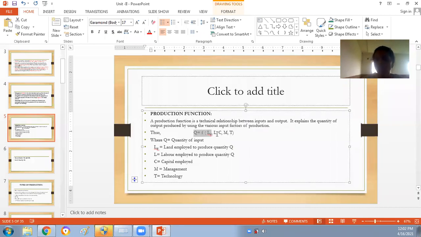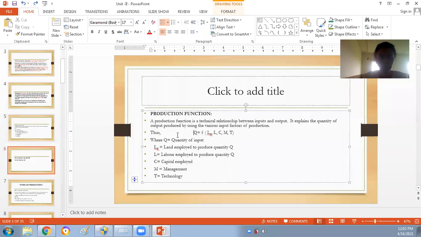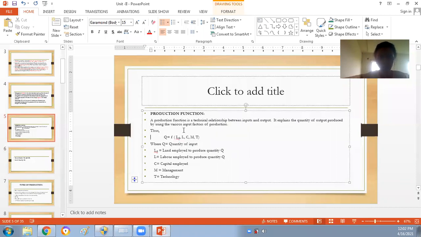For understanding, we can also write it in another way: Q equals a functional relationship of production determinants, as we said in the demand function. Now, a question arises: what are the production determinants, or the factors of production? That is land, labor, capital, management, and technology.